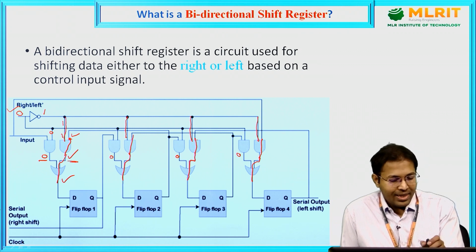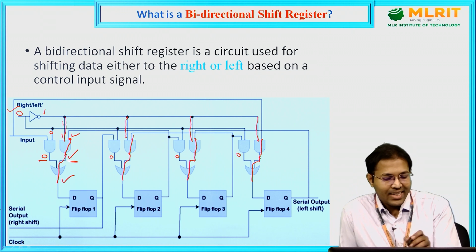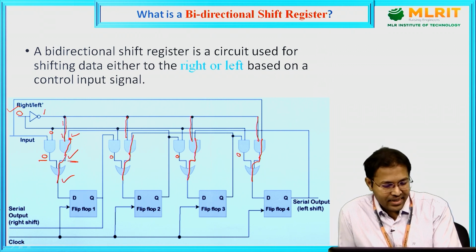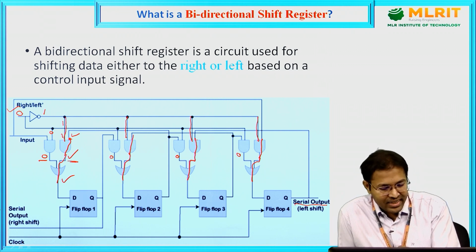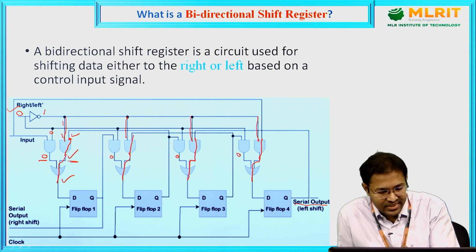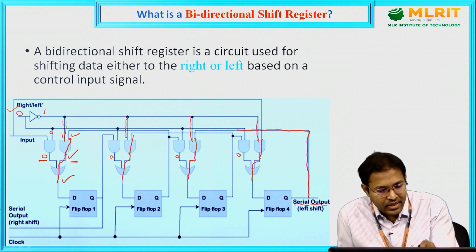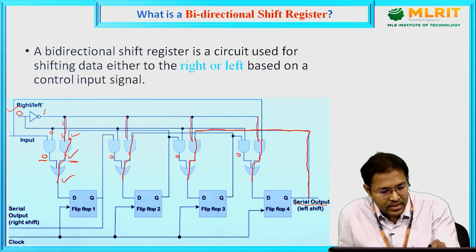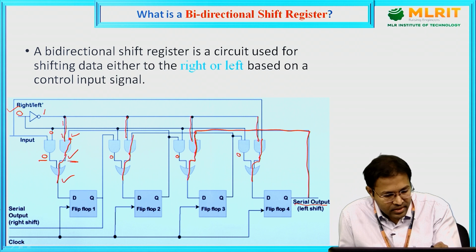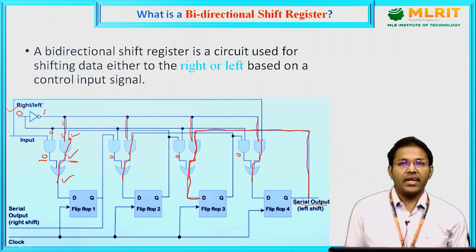Because of this particular connection, let us analyze the signal that we have here. The same signal goes in this path, then like this, and then becomes the input to this gate.